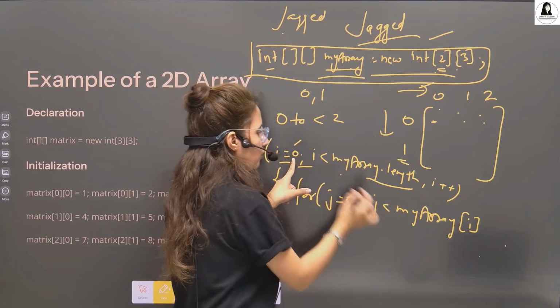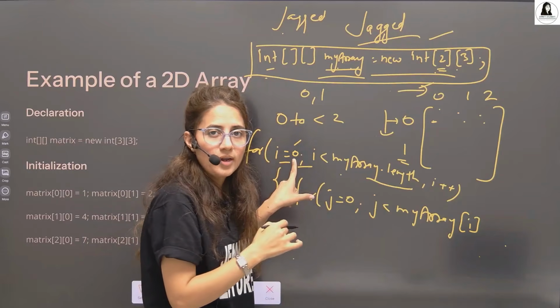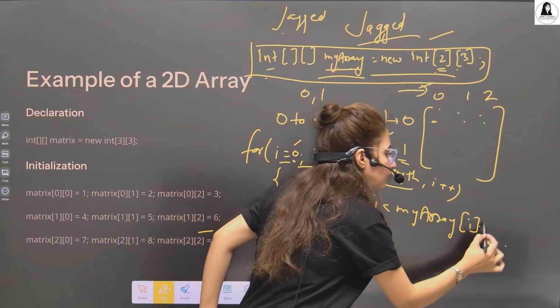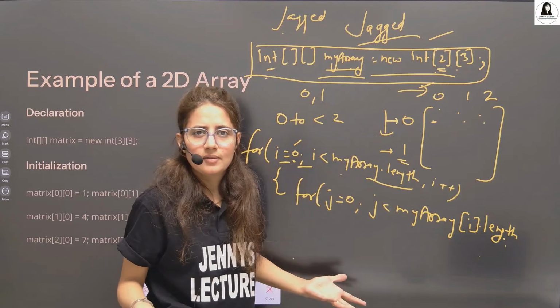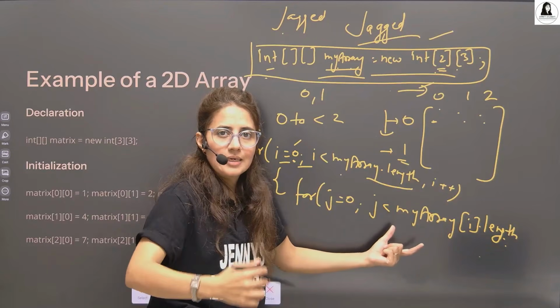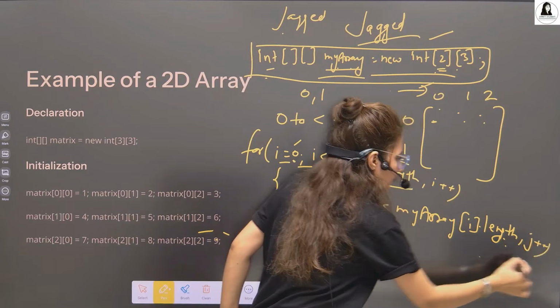At first i is 0, so it would be this row. Next time i becomes 1, so it would be this row. Whatever the row, dot length will give you the number of columns in that row, and that much data we want. We want the inner loop to iterate till that many times, and j plus plus.